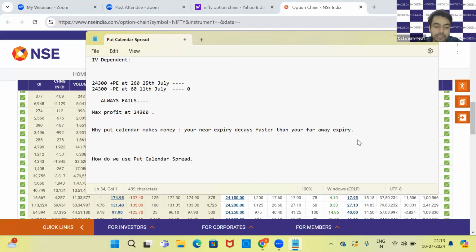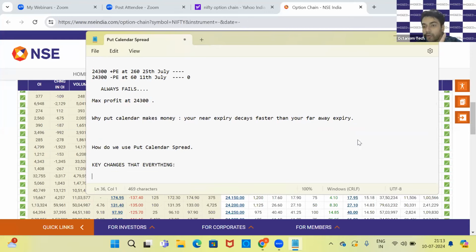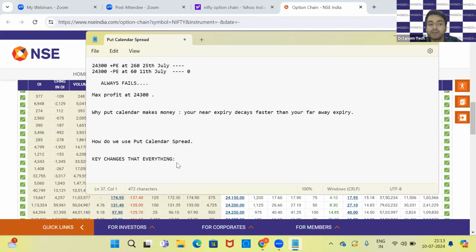The only key that changes everything in the trade is, remember the first statement I said, the more difference you have between the expiry dates, that is, your buying leg is, let's say, of month end and your selling leg is of first week of the month. The key that changes everything is that we take far away calendar spreads. Now, how will that help us?